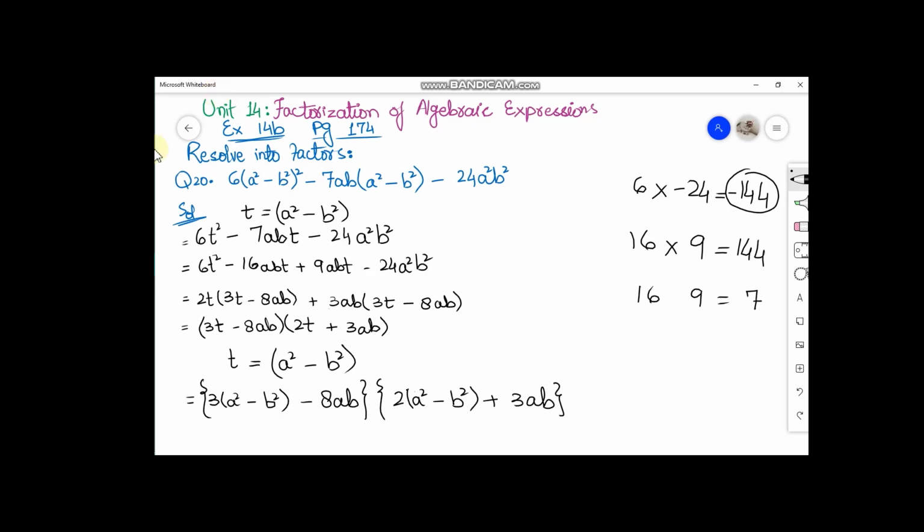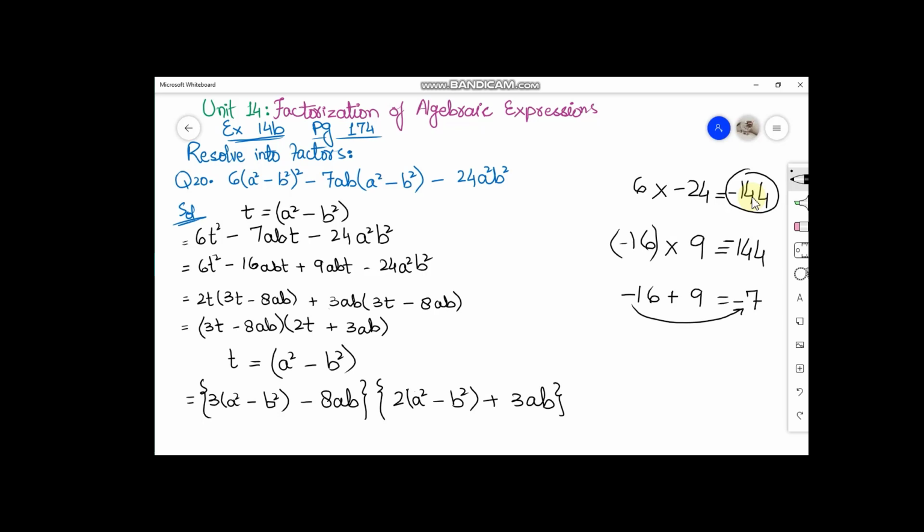But you can see that in the question we have minus 7. It means 7 will be negative and 144 will also be negative. So I will take minus 16 and plus 9, because minus plus minus, and the sign of the bigger digit, that is 16, is minus, and in multiplication it will give you minus 144.